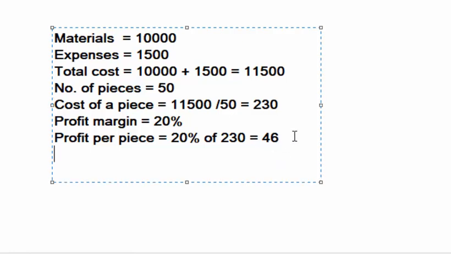So finally, I will be able to sell each piece at 230 plus 46, and that will give me 276.